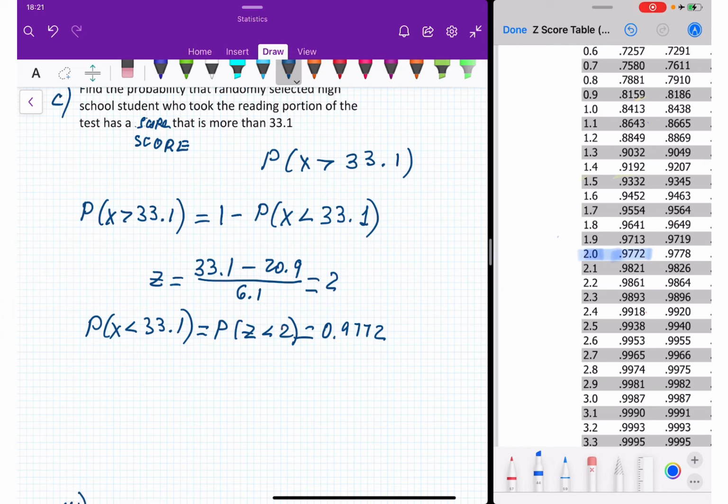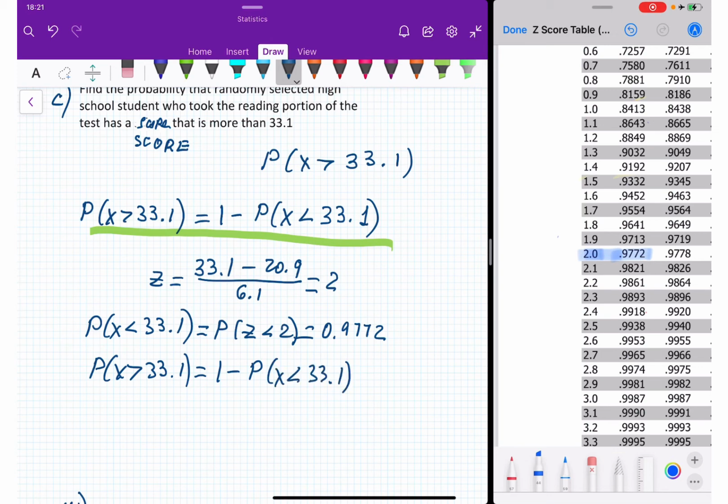To find the probability for x greater than 33.1, it's equal to 1 minus the probability for x less than 33.1, which is 1 minus the probability for z-score less than 2. The result is 1 minus 0.9772.